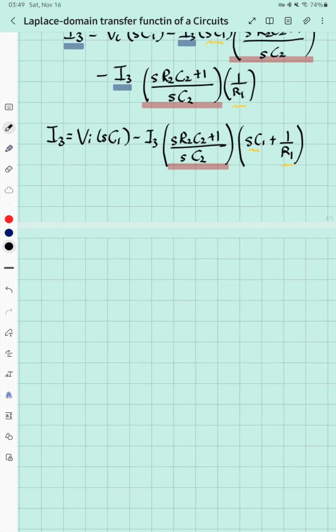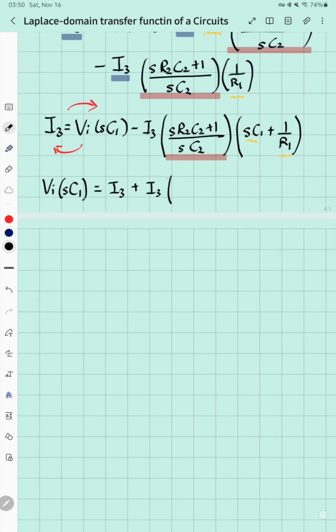Okay. So let's move things around again. Let's move that one here and this one over there. We rewrite VI times SC1 equal I3 plus I3 of this whole thing.